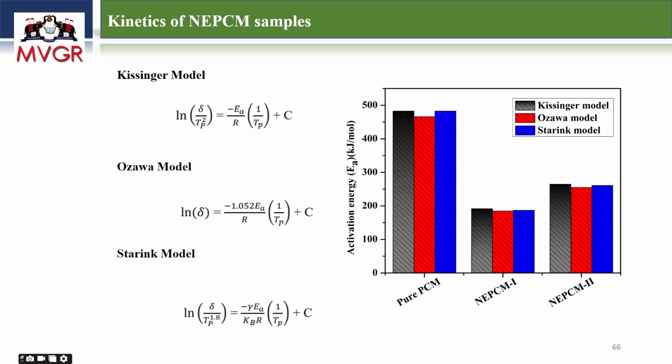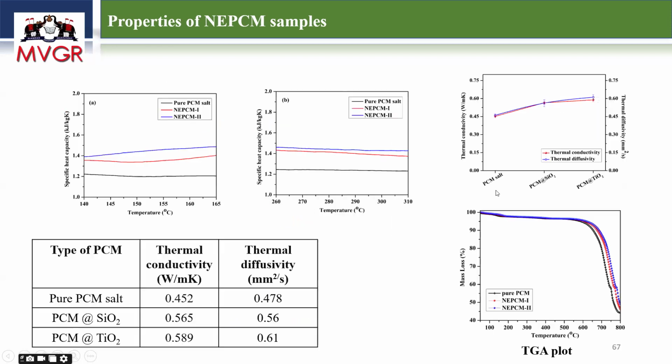Not only for the phase transition, any chemical reaction that is happening needs some energy supplied for its initiation. That energy we call the activation energy. We also calculated that for the base material. It has a very high activation energy value. After coating with this material, it is slightly reducing the activation energy values.